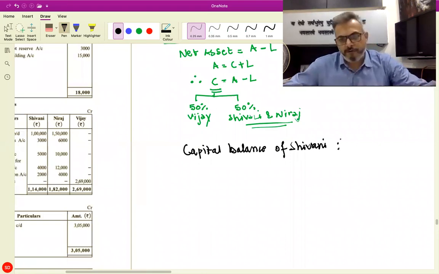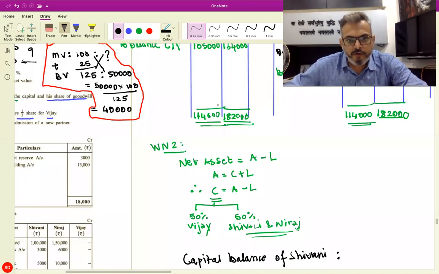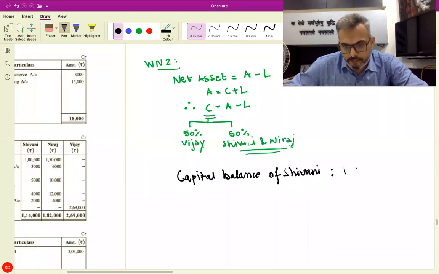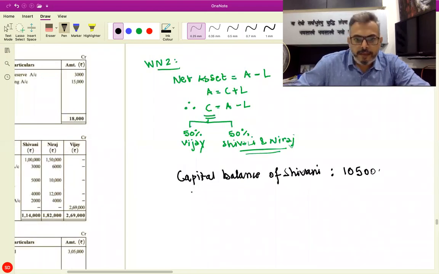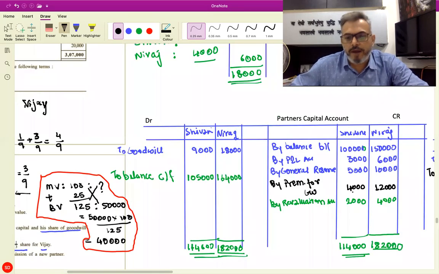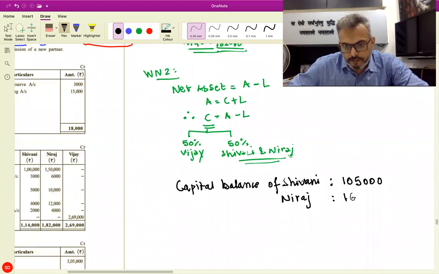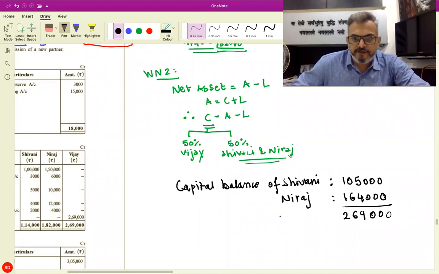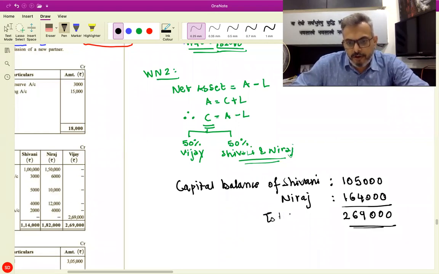is equal to, we found the capital balance of Shivani, check out 1 lakh 5,000. Capital balance of Neeraj कितना है? 1,64,000. Total 2,69,000. Now this total capital of Shivani and Neeraj is 2,69,000.